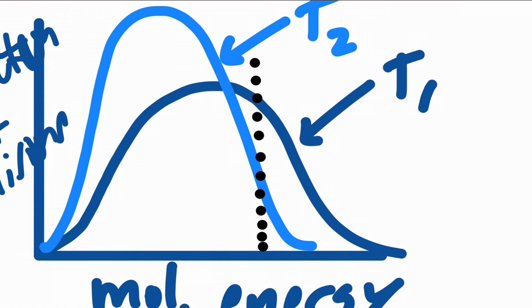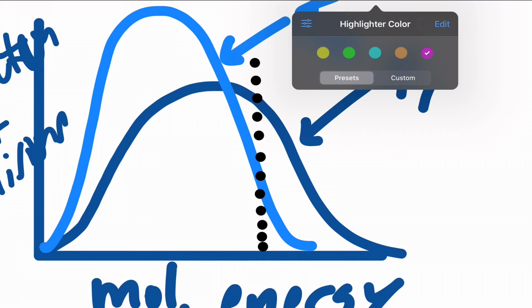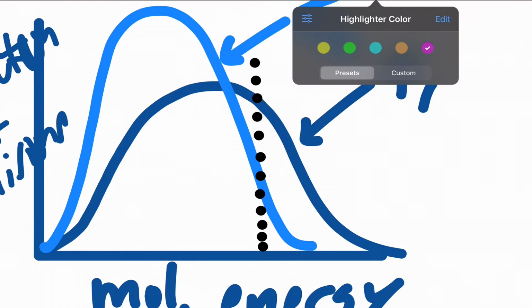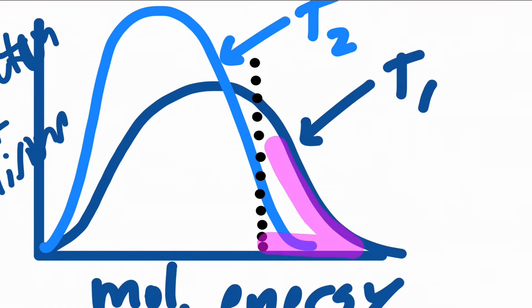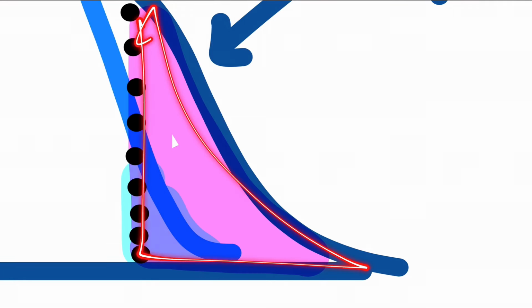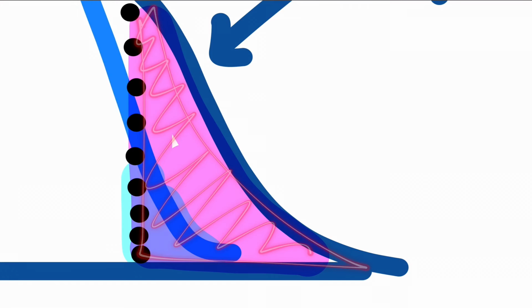And I can tell for the hotter temperature, I have many more molecules that are outside this barrier, and they have overcome the activation energy, as opposed to what little fraction is outside that barrier. So here I have only this many molecules at the colder temperature, as opposed to this many molecules at the warmer temperature, because this is an area.